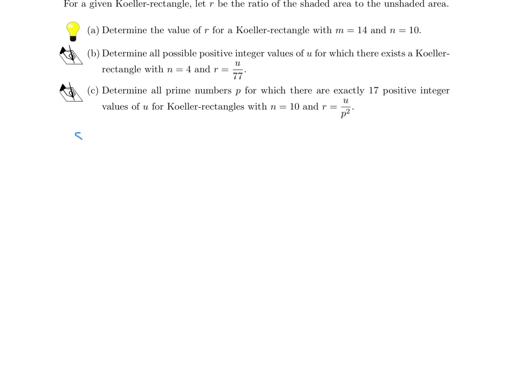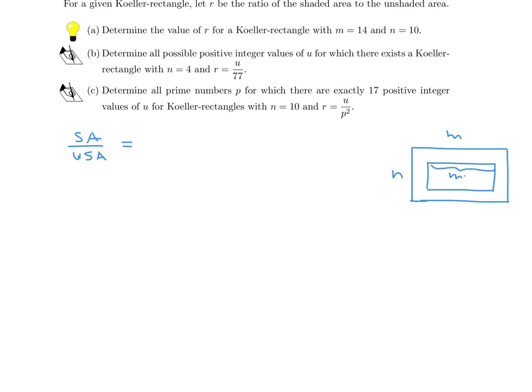So the shaded area over the unshaded area is, if we have, let's say, a rectangle like this, and then the inside, this is m, this is n, this is m minus 2, and this part is n minus 2.